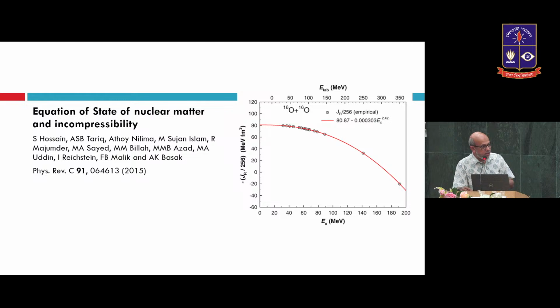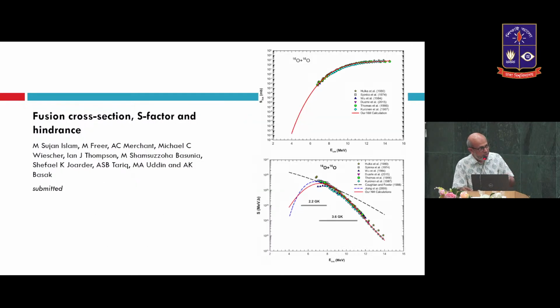Then this is more recent work, as you can see, this is just submitted. This is about fusion cross sections. The fusion cross section data is well described here, but what you cannot see there is more easily noticeable when you plot it as the S factor.